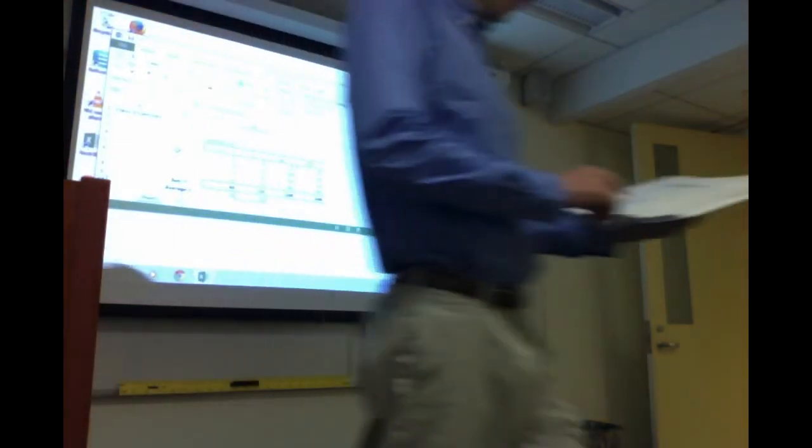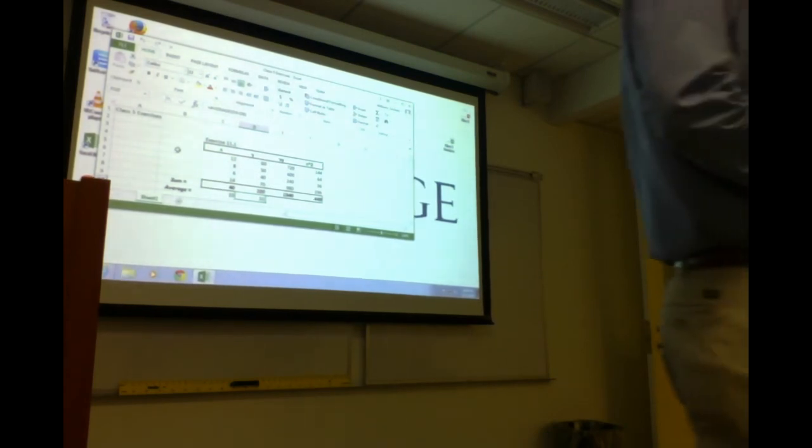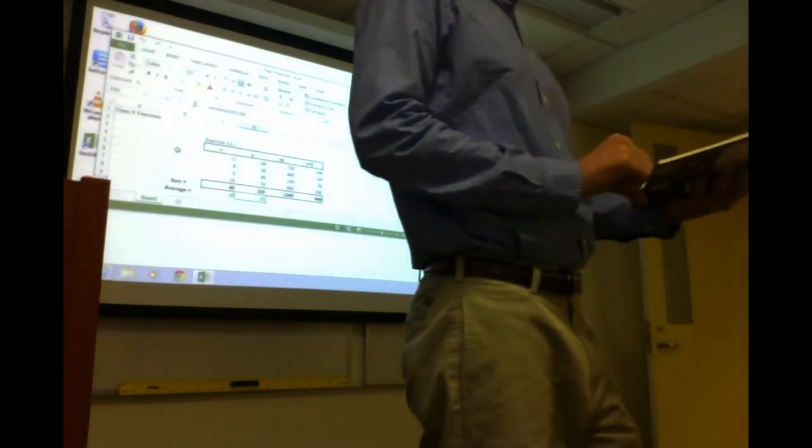So if you look at the calculations on page 397, average y is 220 divided by 4, which is 55, minus b, which we calculated as 3.5, times the average x, which is 40 divided by 4, which is 10.